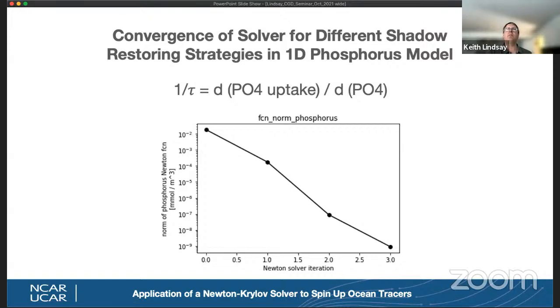If I use a more sophisticated restoring timescale formulation, now in 3 Newton iterations, the residuals have gone down 7 orders of magnitude. So with this 1D framework that the solver can run on, I can do these experiments on my laptop in a day instead of trying out different ideas on the GCM that takes many days to do.